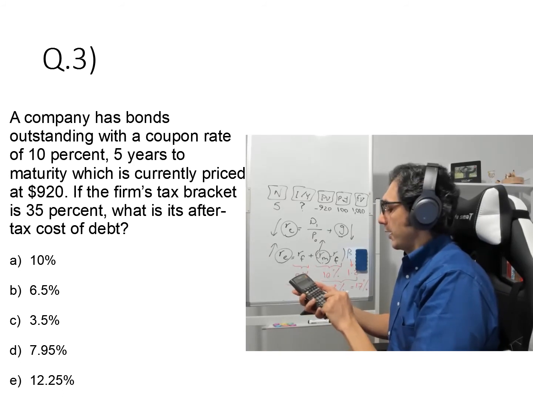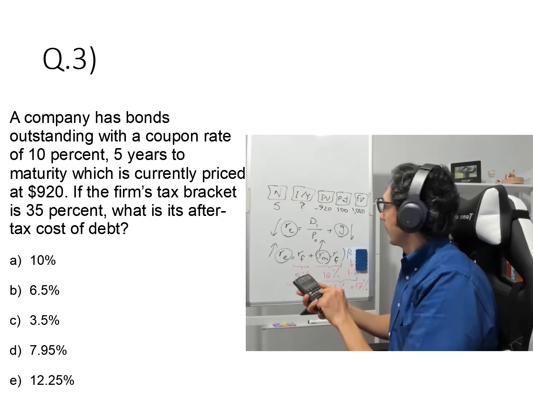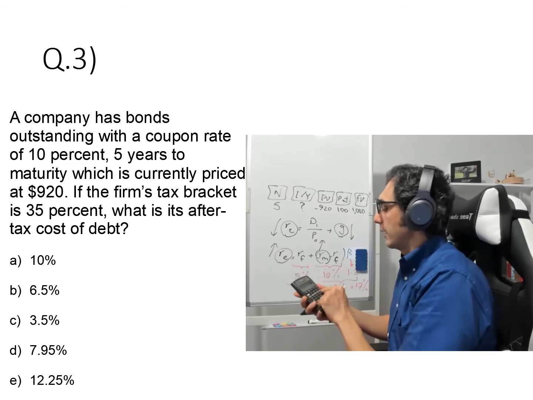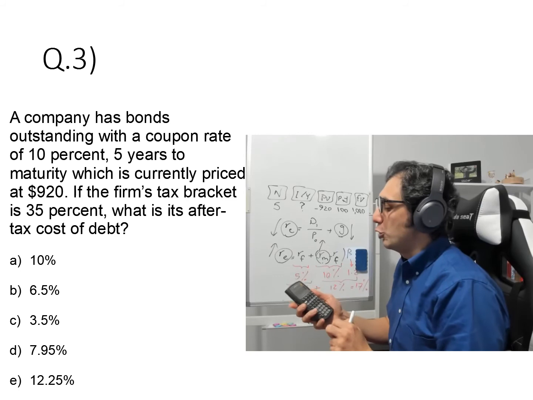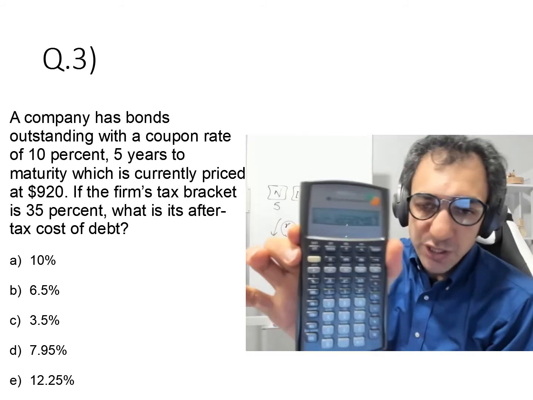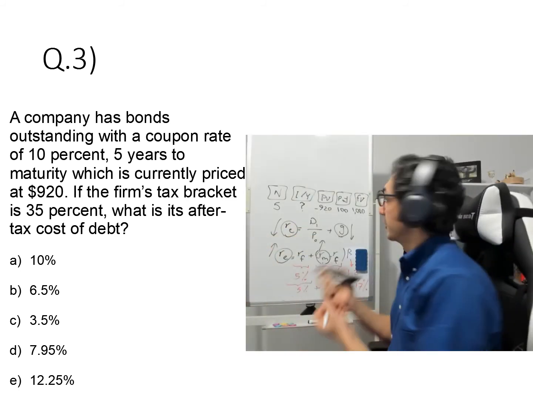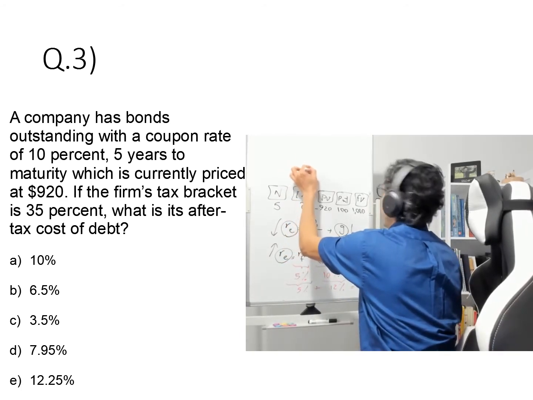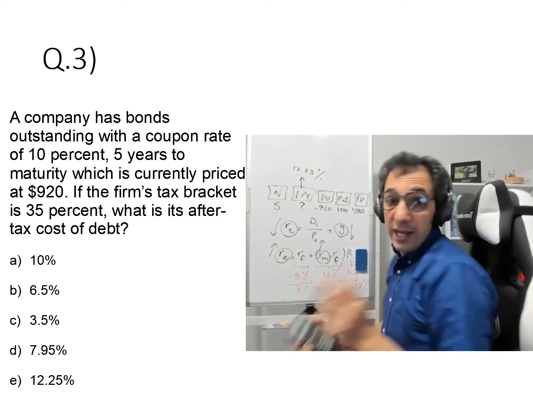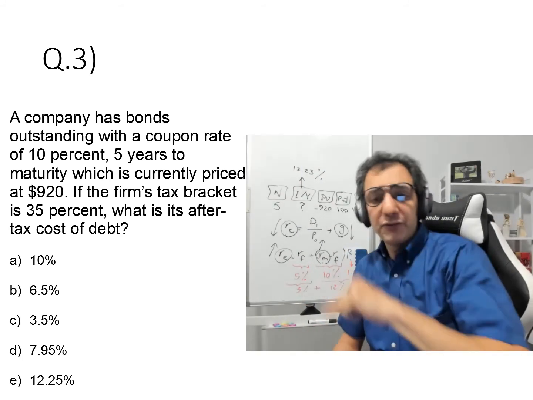So let's calculate the YTM. 5 N, 920 PV, PMT 100, and 1000 is FV. When you calculate your I, it gives you 12.23%. As you see, 12.23% almost. But remember, the question is asking for the after-tax cost of debt.